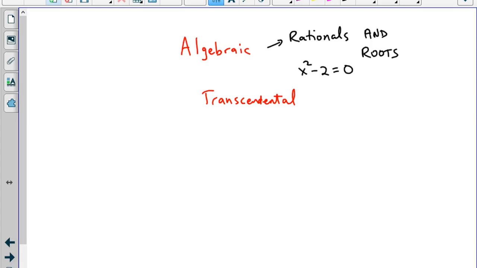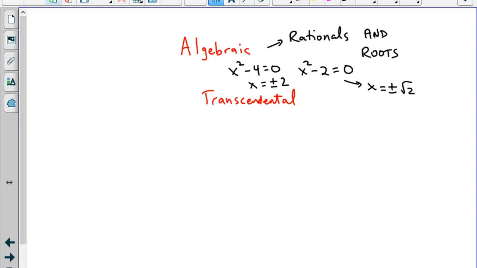As long as you can solve that and all of the coefficients of the variables are integers, then you get what is called an algebraic number. So in this problem, x equals plus or minus the square root of 2. When you solve the problem, that is called an algebraic number. If I had x squared minus 4, for example, I get x equals plus or minus the square root of 4, which is plus or minus 2.